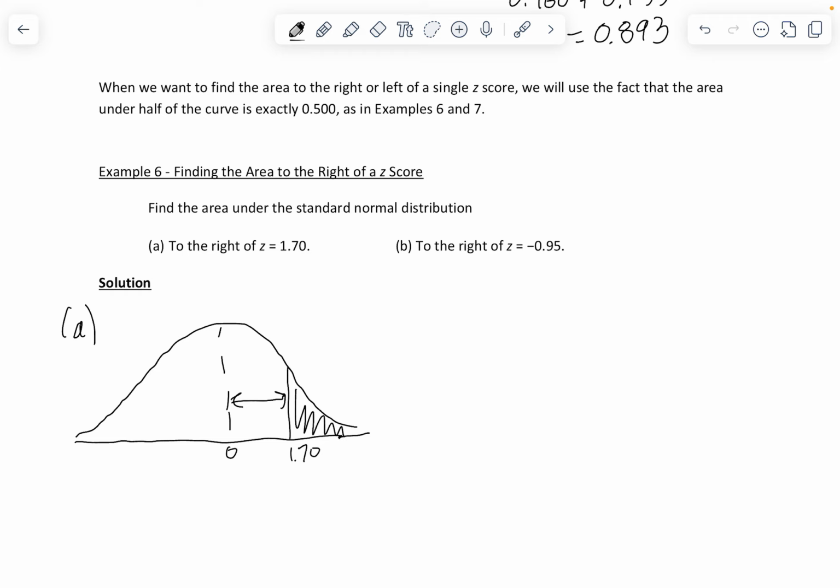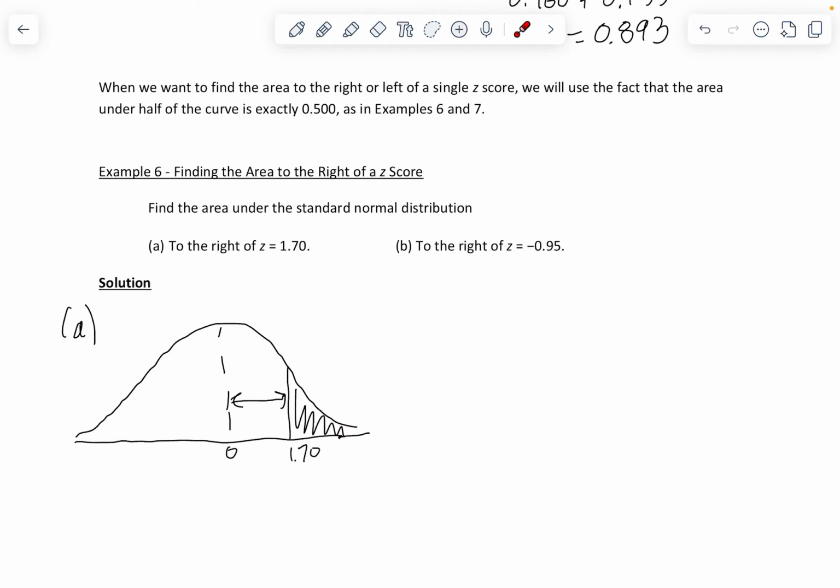But remember that this area plus this area add up to equal 0.5, half of the total area. So my strategy will be to find this area from the table and then subtract it from 0.5, and that will give me the shaded area right here. Okay, so let's find this area.